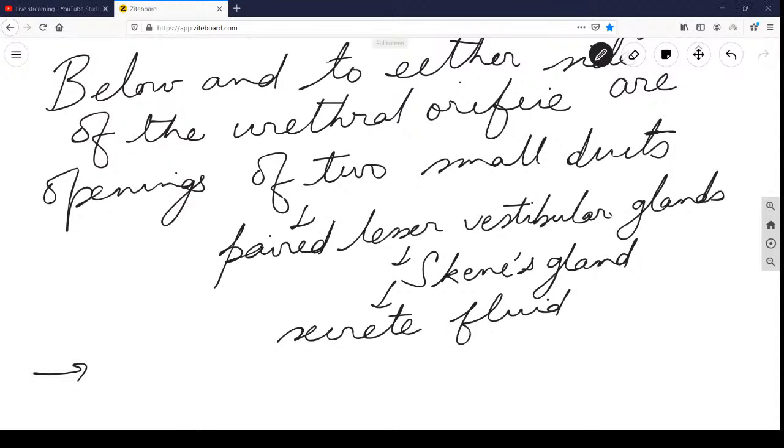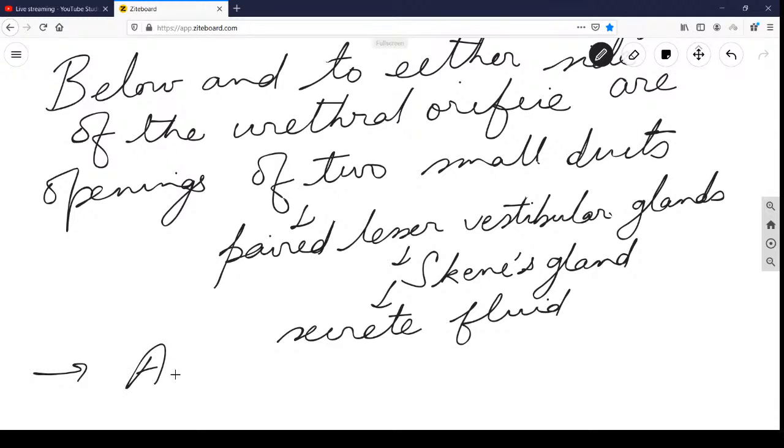Now, one more thing I'll tell you is at each side of the introitus there are openings of another pair of glands. So the Skene's glands are present just below the urethral orifice, and the Bartholin glands will be present at each side of the vaginal introitus.